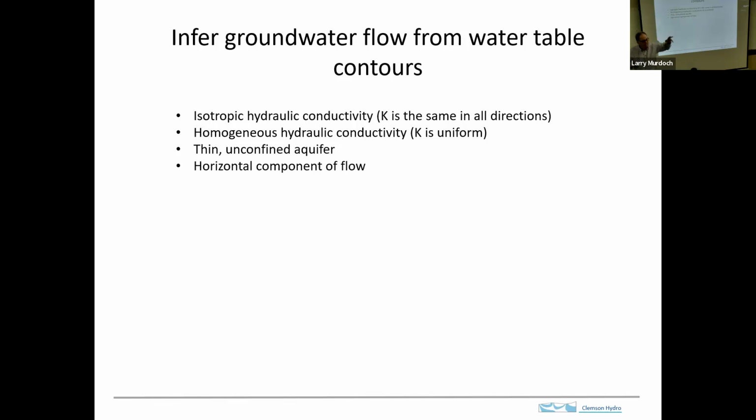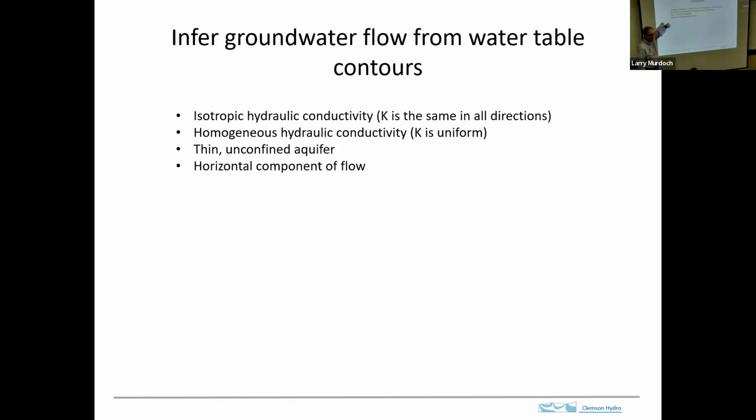What we'll see in a few classes is that the hydraulic conductivity can be different in one direction than it is in another direction. That's anisotropic, and that happens quite commonly. We're going to assume when we're doing this stuff today that it's isotropic, so the conductivity is the same in all directions, and that it's homogeneous.